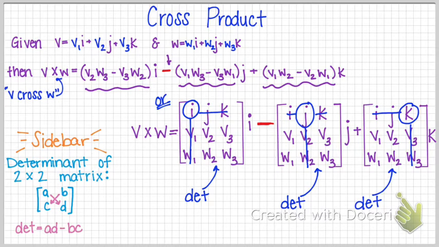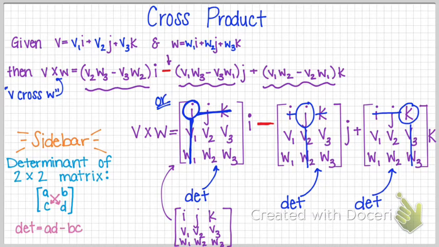So we're going to have I, J, and K across the top, then V1, V2, V3, and W1, W2, W3. When we're trying to find our I term, I'm going to circle that I and put a line through both the column and the row that I is in.